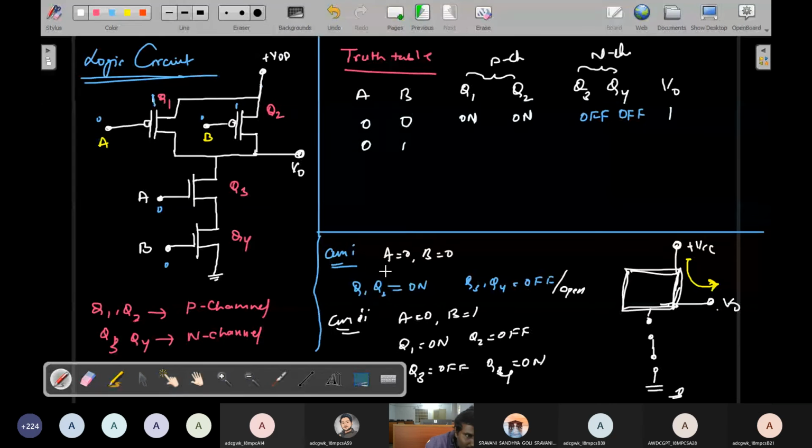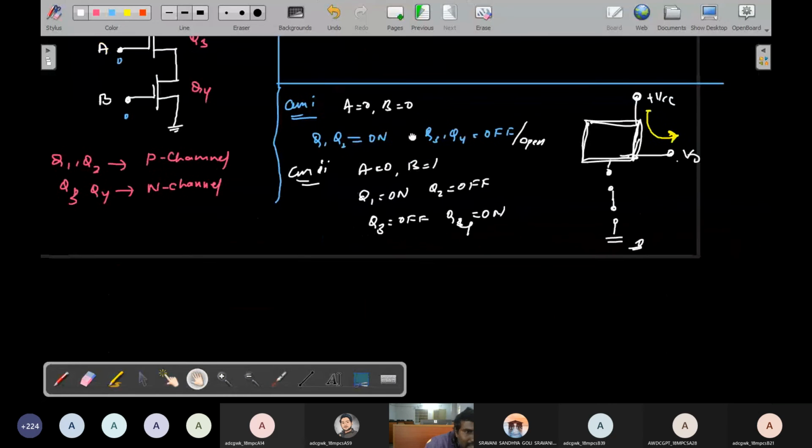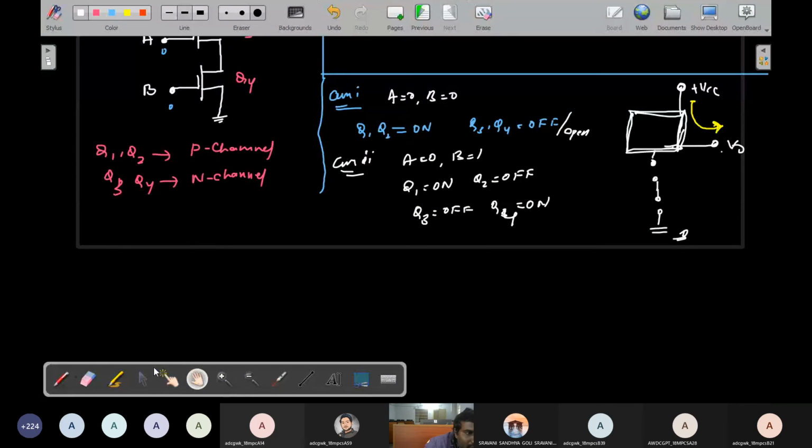So in this situation, what will happen? Simply draw the circuit diagram once again. This is plus VDD, and this is on, so it is short circuited, and this is the output voltage V0. This is simply an open circuit, because it is off.